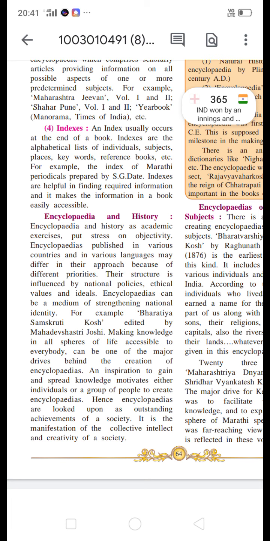Bharatvarsha Charitrakosh is another important encyclopedia.